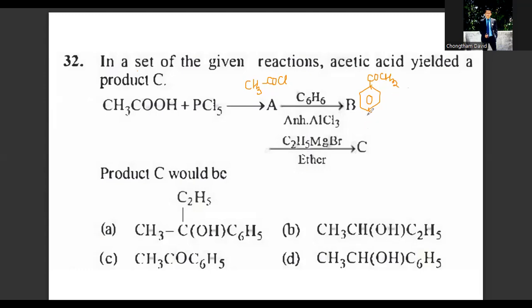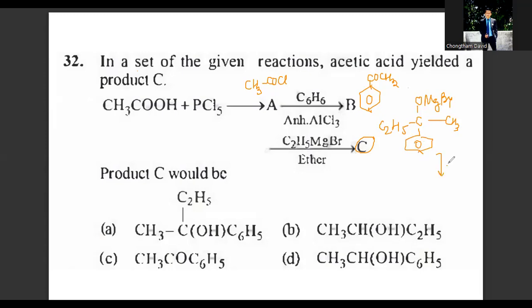From this Friedel-Crafts reaction, if you again treat with this Grignard reagent, before formation of C, there will be an intermediate. Okay, intermediates are not stable. They will readily reorganize themselves and change to the final product. So the ultimate product will be what?